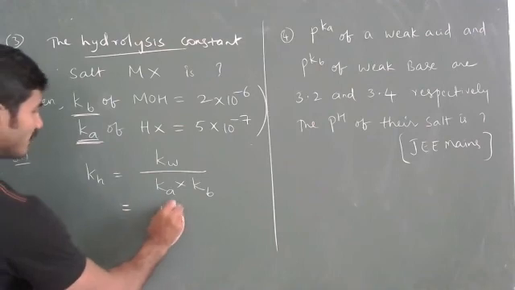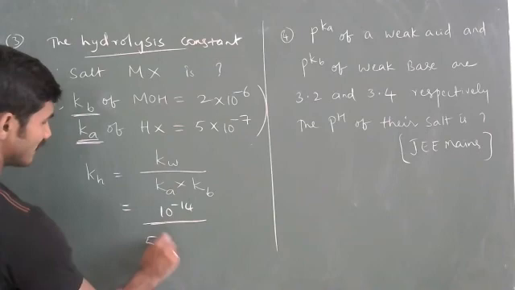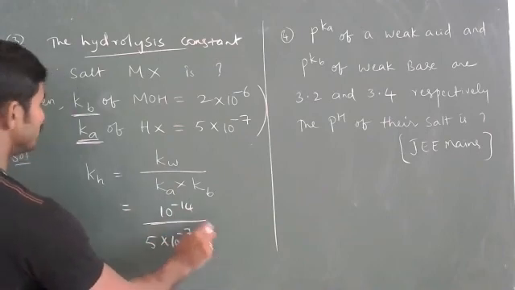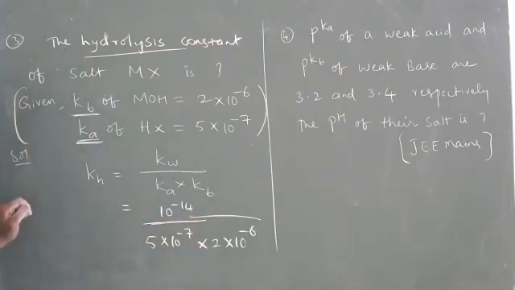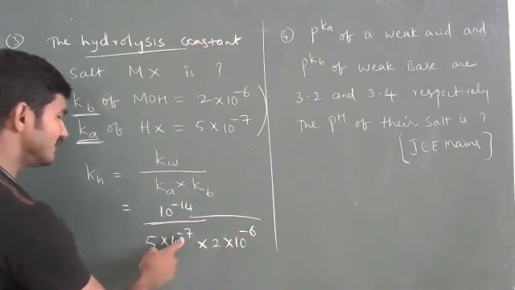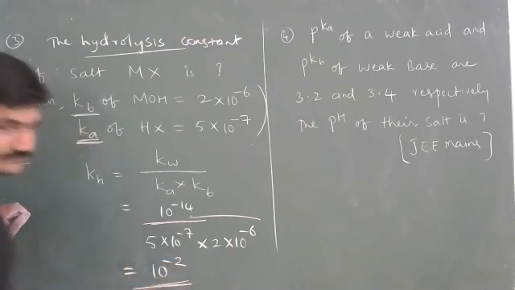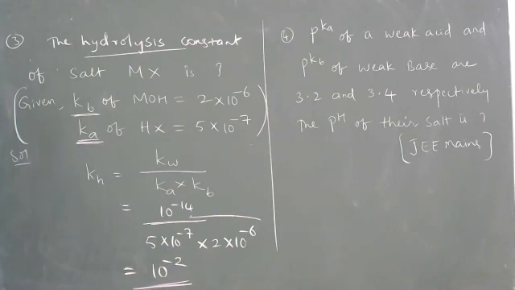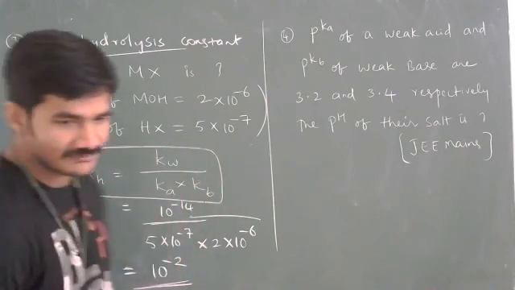So Kw 10 power minus 14 by Ka value 5 into 10 power minus 7 into Kb value 2 into 10 power minus 6. Simplify this. We'll get 10 power minus 2. So this is the formula for the hydrolysis constant, because both Ka and Kb are given.